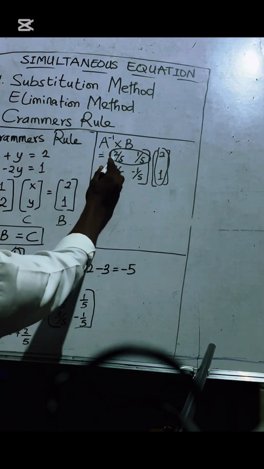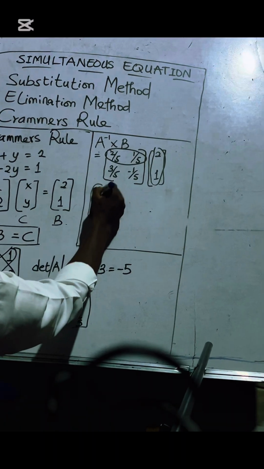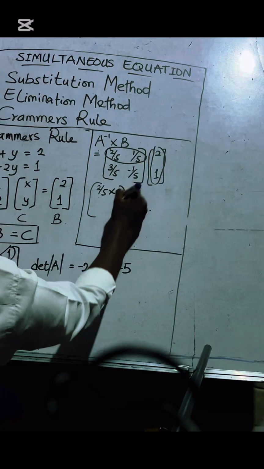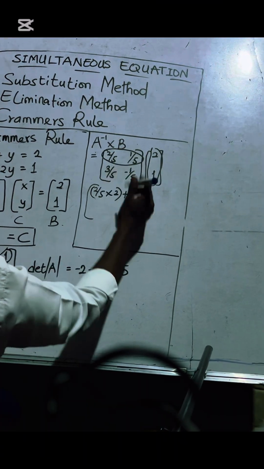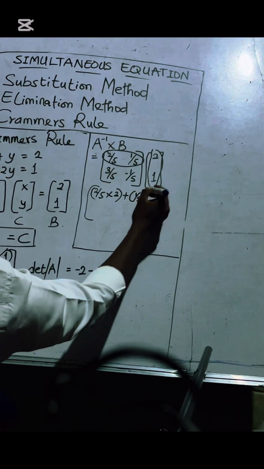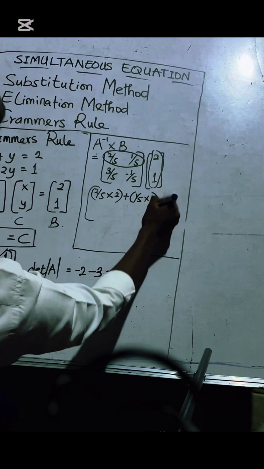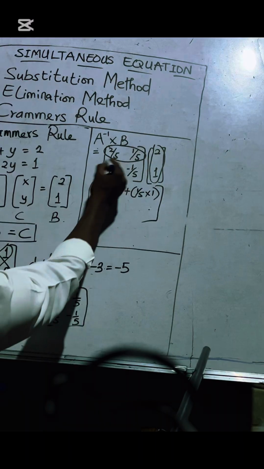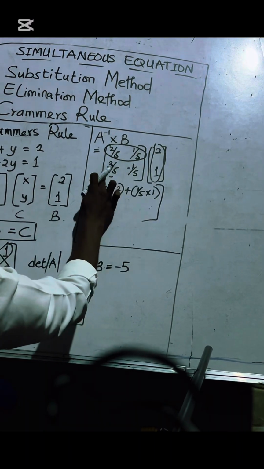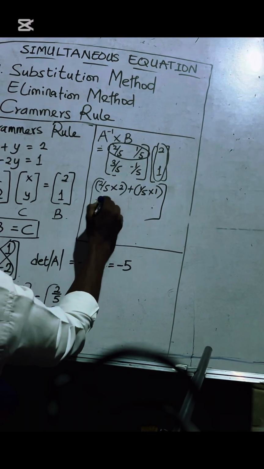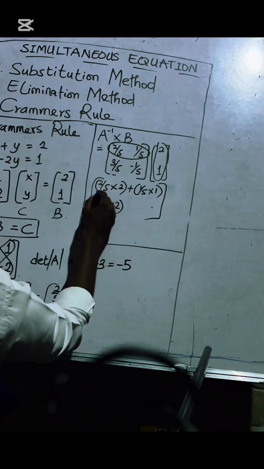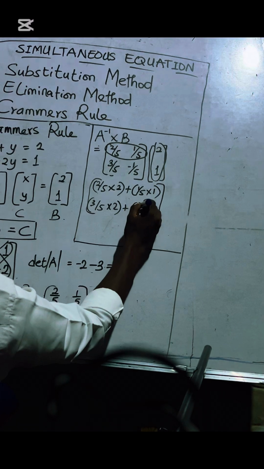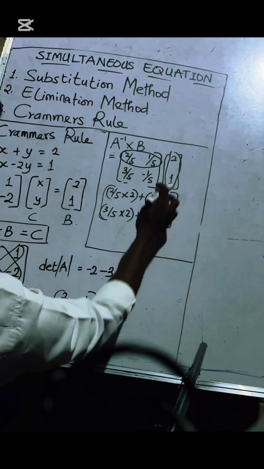For example, we are dealing with 2 over 5 times 2, plus 1 over 5 times 1. Then this, we still do the same thing. This for this. 3 over 5 times 2, plus minus 1 over 5 times 1.